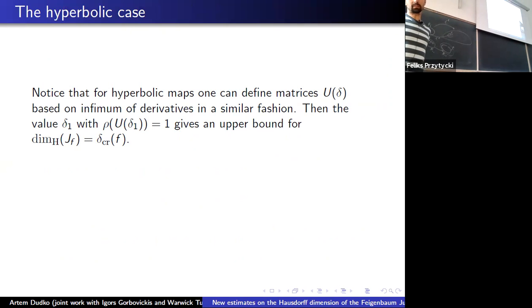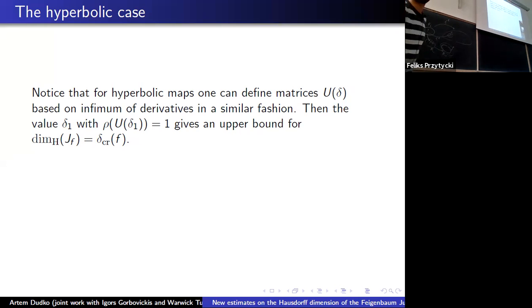And notice that for hyperbolic maps, one can simply define matrices based on the infimum of derivatives. So instead of the supremum of the derivative from piece pi to pj, we can take the infimum, take it to the power minus delta, and obtain similarly an estimate from above.